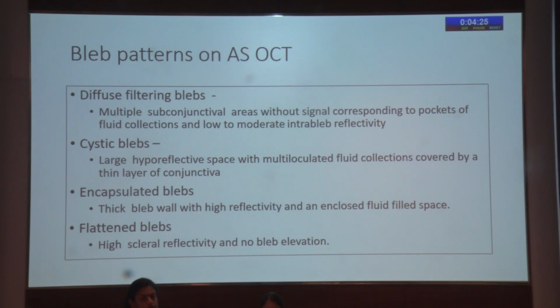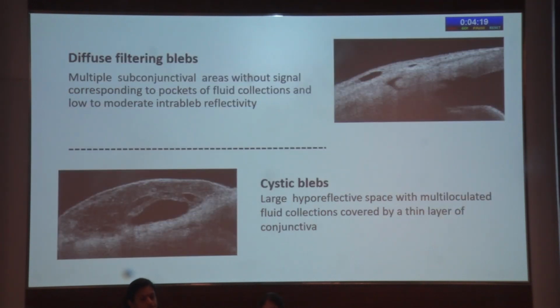Bleb patterns using ASOCT can be diffuse filtering blebs, cystic blebs, encapsulated blebs, and flattened blebs. Here you can see the diffuse filtering bleb, with multiple subconjunctival areas. You can find various patterns, pockets of fluid collection, and low to moderate intrableb reflectivity.